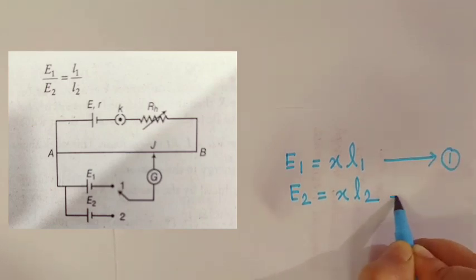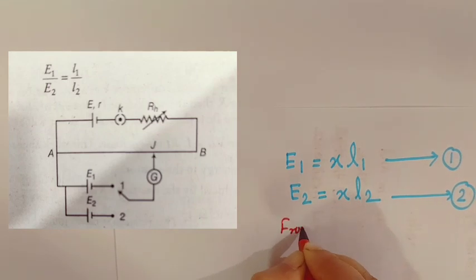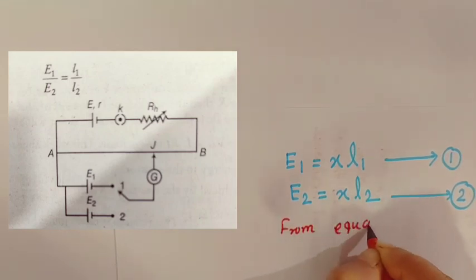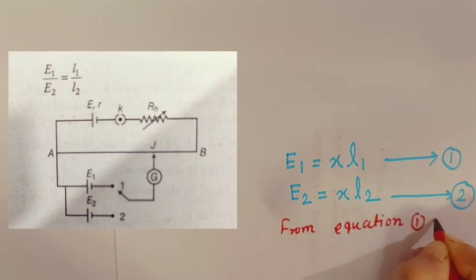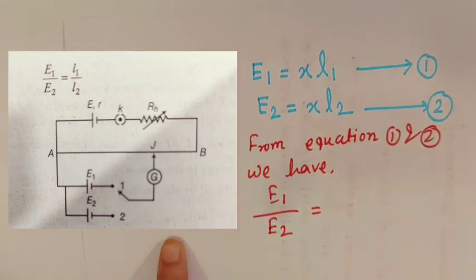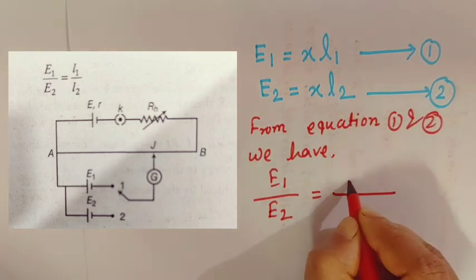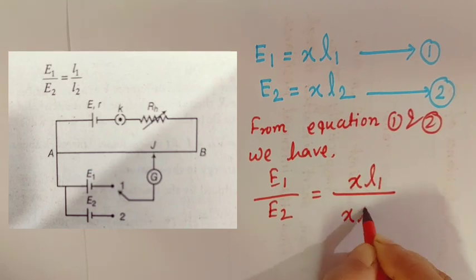If we give this equation number 1 and this equation number 2, then from equations 1 and 2, if we divide E1 by E2, we have E1 divided by E2 is equal to XL1 divided by XL2.